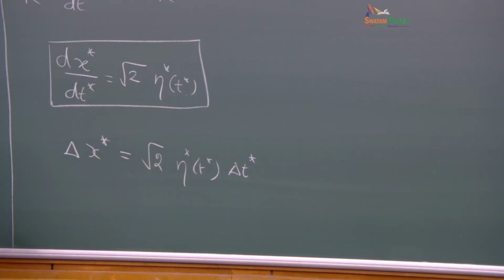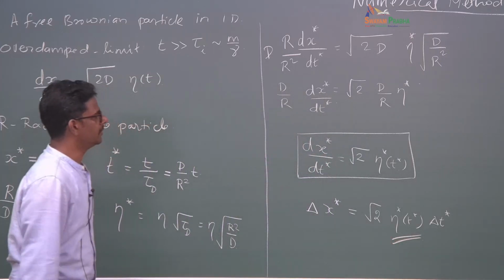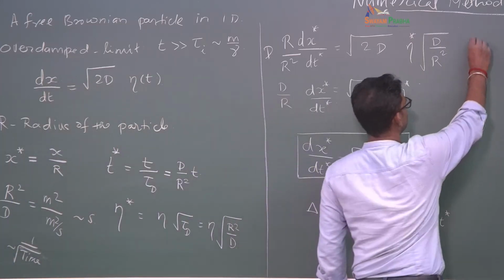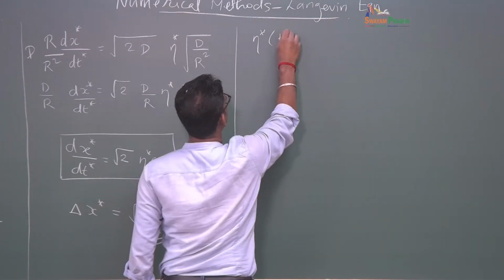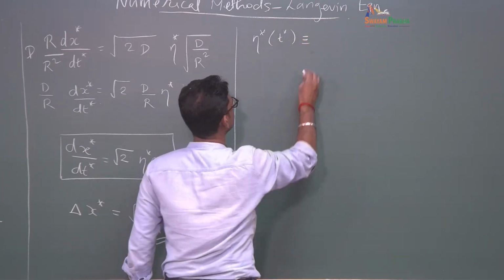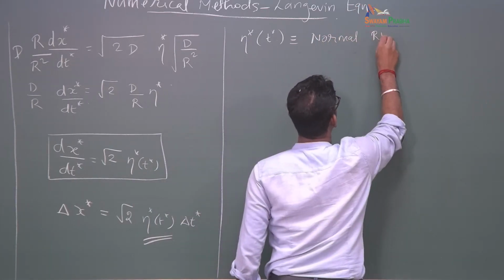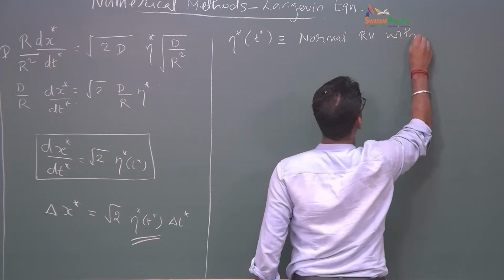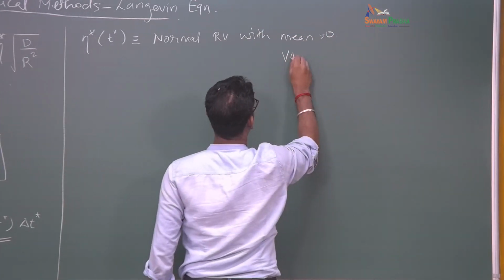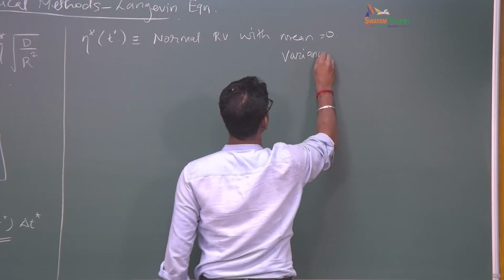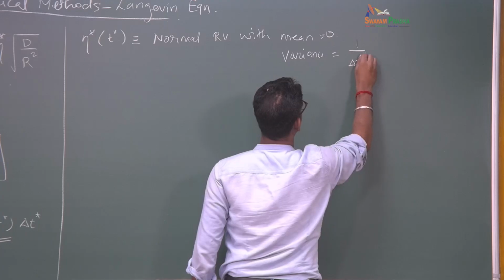Now if you look at this particular quantity, this eta star here, this is a normal random variable with mean equal to 0 and variance equal to 1 by delta t star.